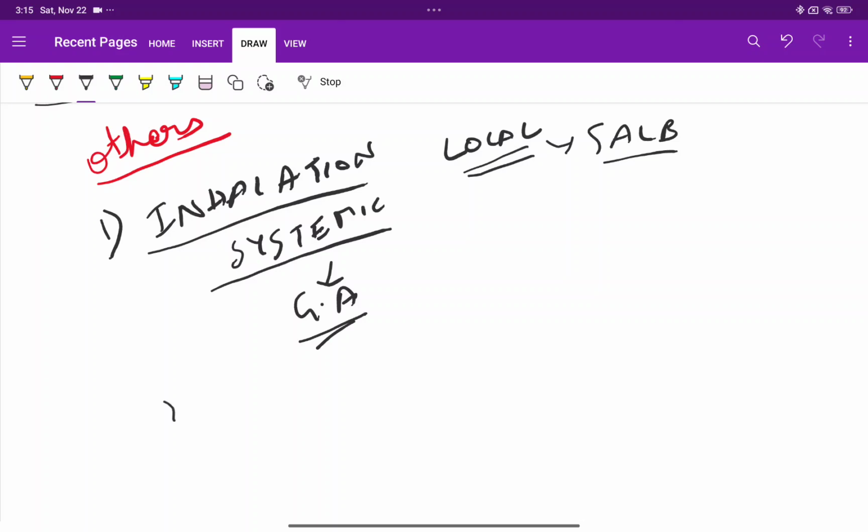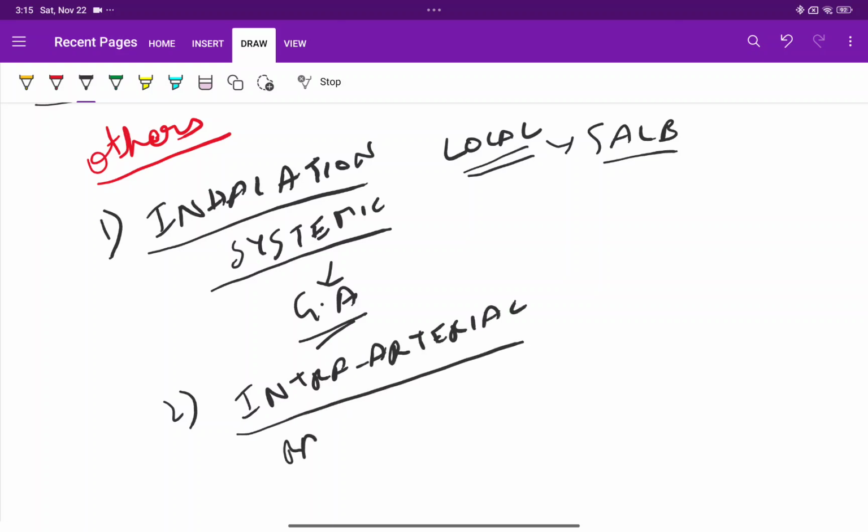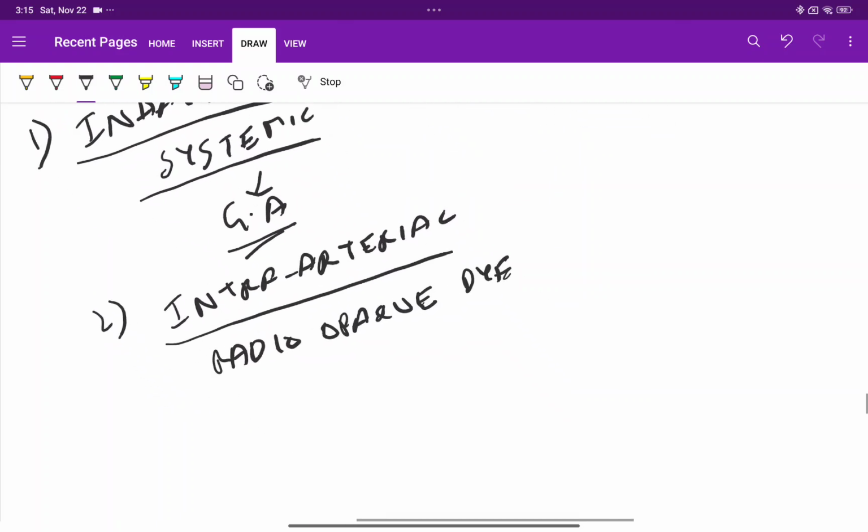Next one is the intra-arterial route. Example, radio-opaque dye for cerebral angiography.